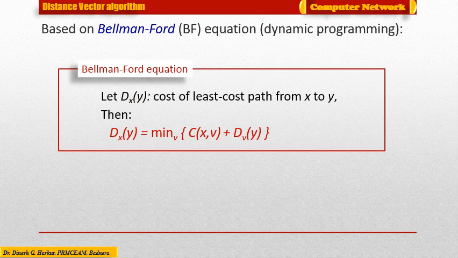Then the least costs are related by the celebrated Bellman-Ford equation, which is given as dxy equals minimum over v of c(x,v) plus d(v,y), wherein the minimum over v in the equation is taken over all of x's neighbors.